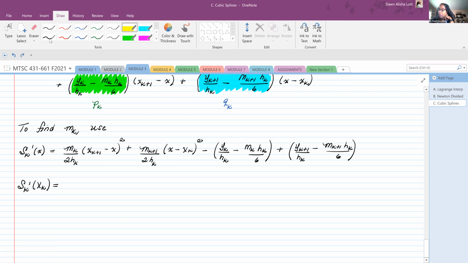Therefore, I'm going to end up with m_k. Why is it negative? Oh, because this is negative. I forgot my negative from the chain rule. So this becomes minus m_k h_k over 2.